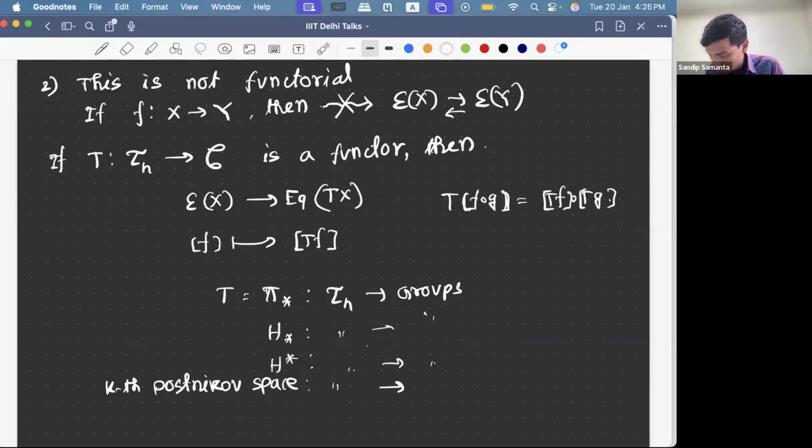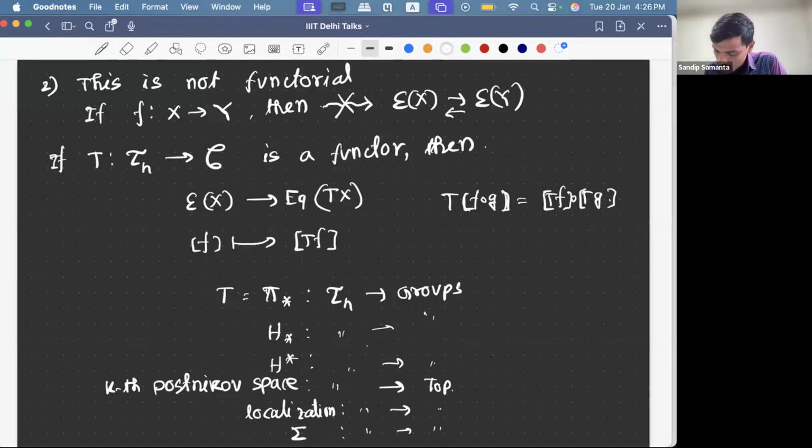This sends to topological spaces again. Or we can also have a localization functor, that's again the same, and maybe also the reduced suspension functor, so X is sent to its reduced suspension space.